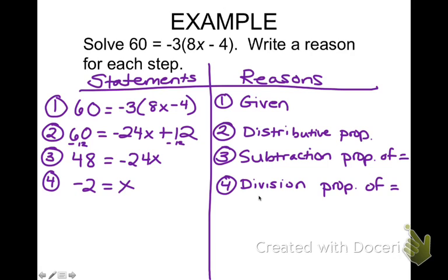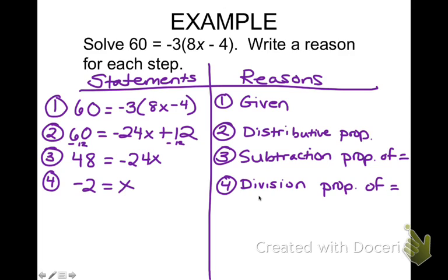My x right now is on my right side, so I want to make sure I write it on the right side. It's a whole different property. If I were to rewrite it as x equals negative 2, which we're in the habit of doing, I would have to do a whole other step and add another reason, property of why you can do that. Okay? Questions with this? You think you got this?